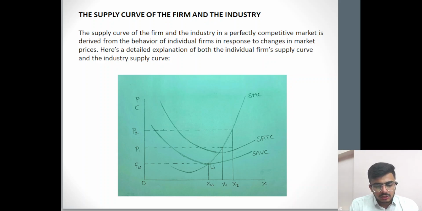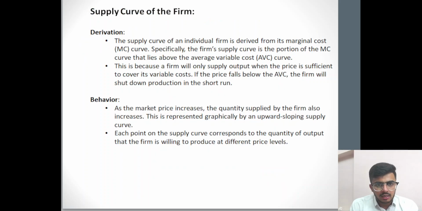The firm's supply curve derives from the marginal cost curve above average variable cost. The industry supply curve is the horizontal summation of all firms' supply curves. This diagram shows the supply curve of the firm and industry.